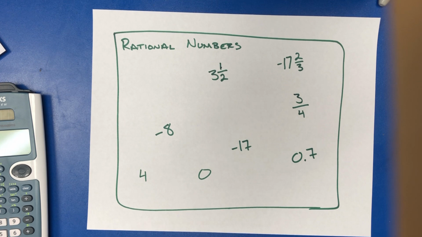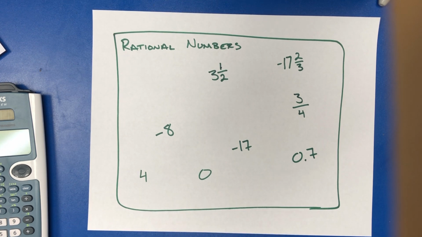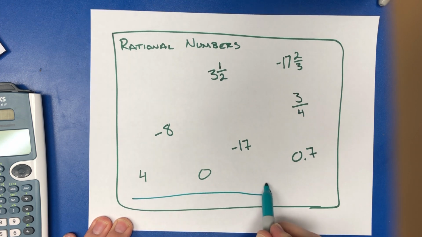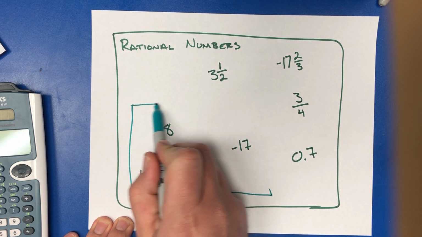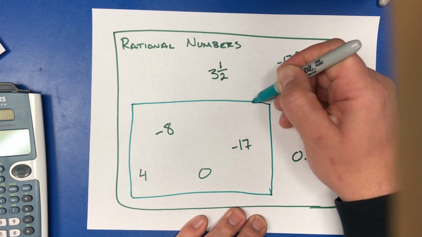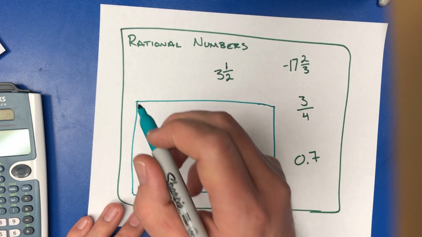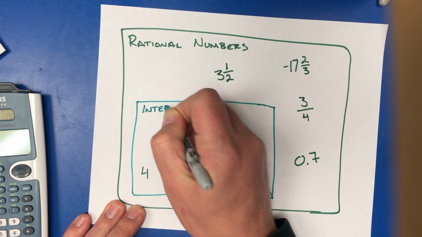Now, the next layer of this is all the integers. So you'll notice on page 283, there's a couple bubbles inside the Venn diagram. I'm going to make another box, but everything inside of this box also is inside of the rational number box. So everything that I've boxed up here would be known as integers, okay?